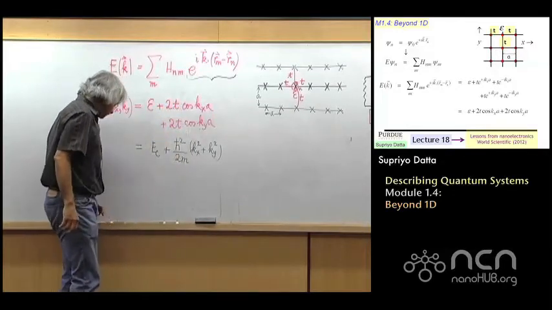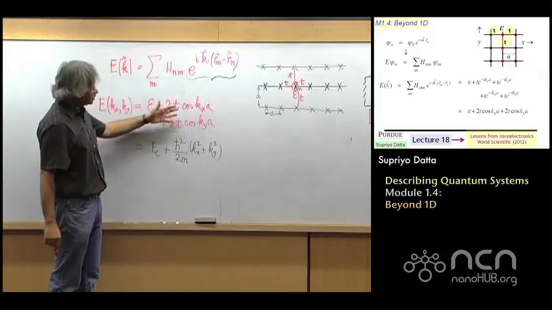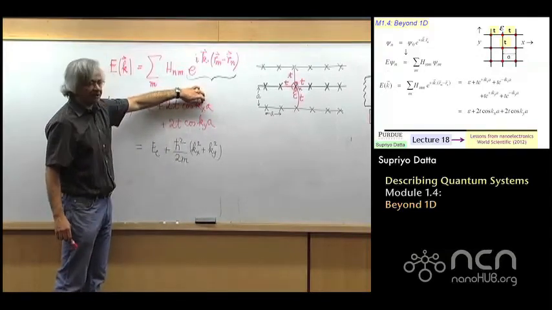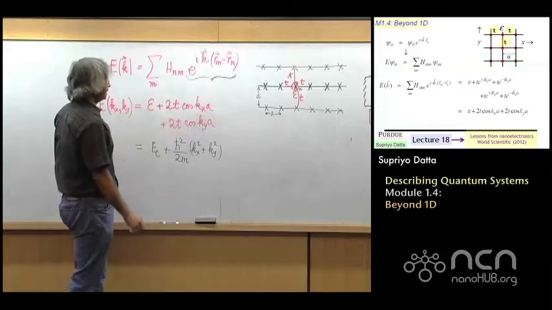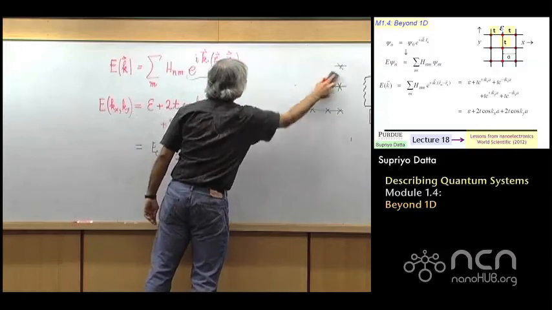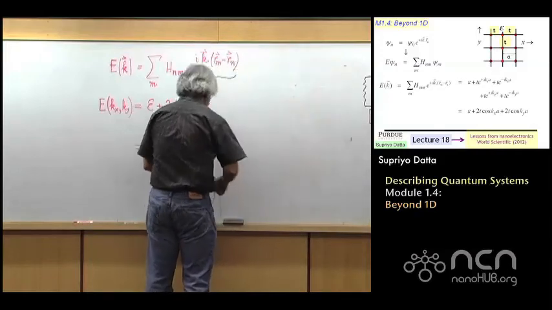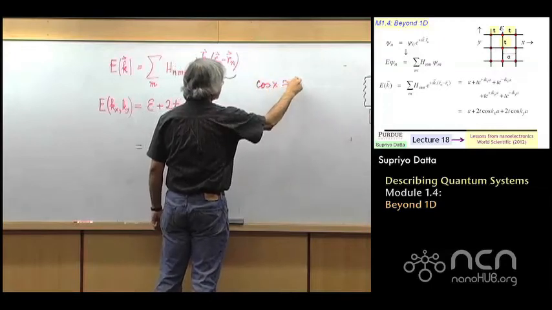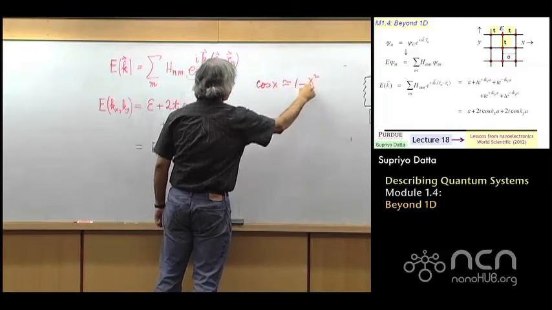And the question is, how do I make this look like that? And again, the basic principle is use that small kx a expansion. That is, the idea that cosine kx a. So, you see, cosine of any small quantity x can be written as 1 minus half x squared.